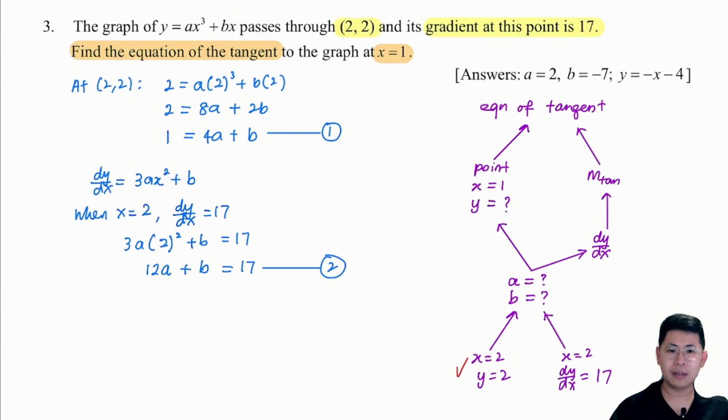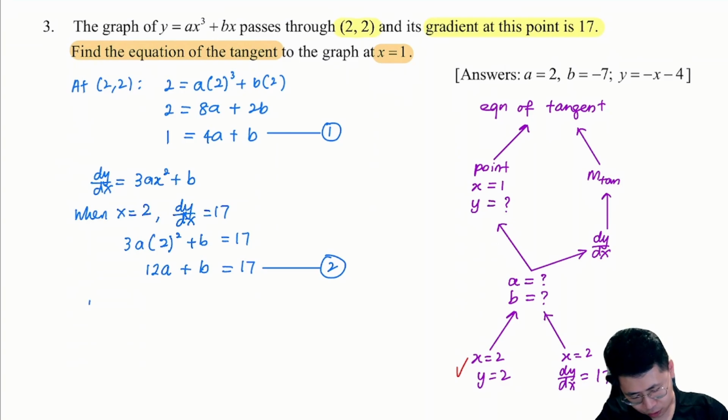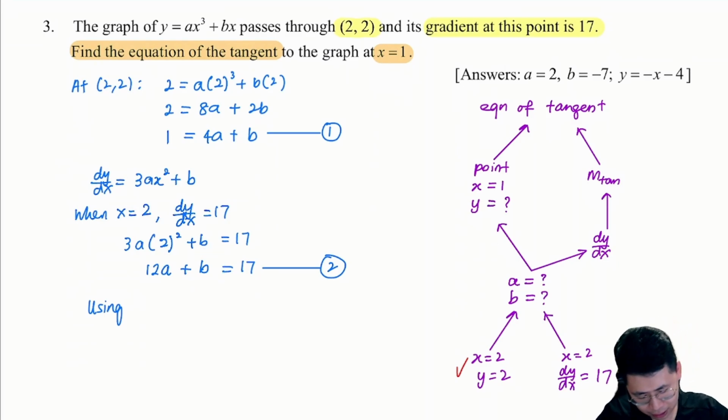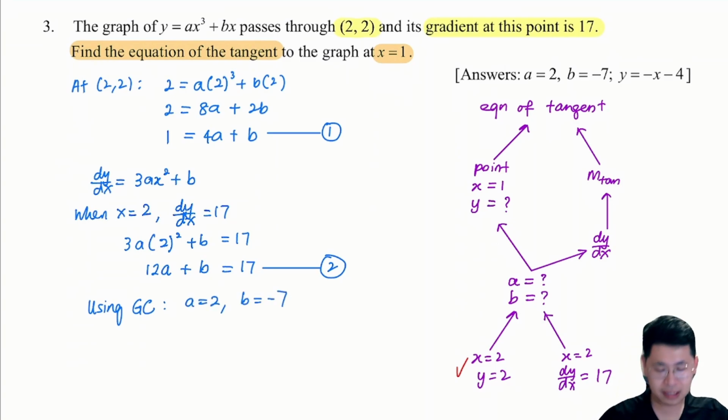So over here we have a pair of simultaneous equations. What we can do is solve it manually, because you can eliminate very easily. However, if you were to use the GC and put it in, a would be equals to 2, b would be equals to -7.